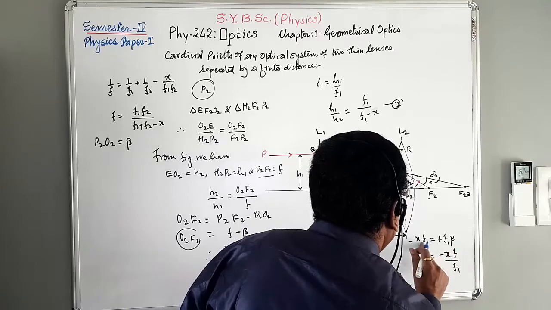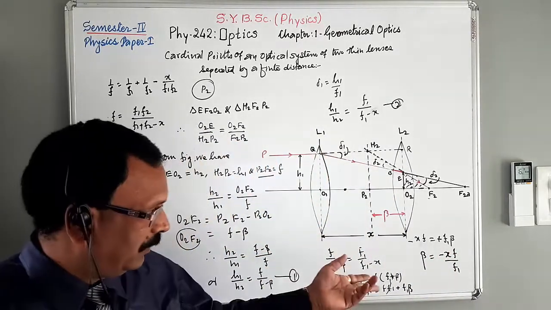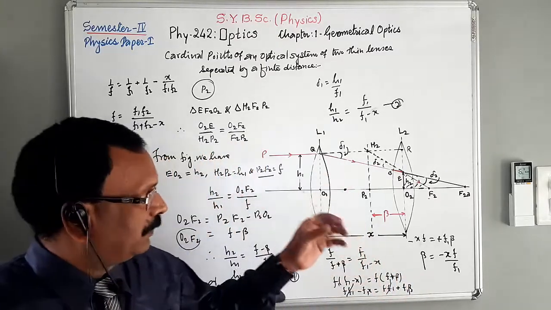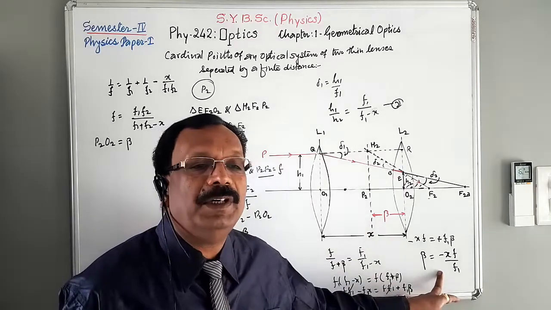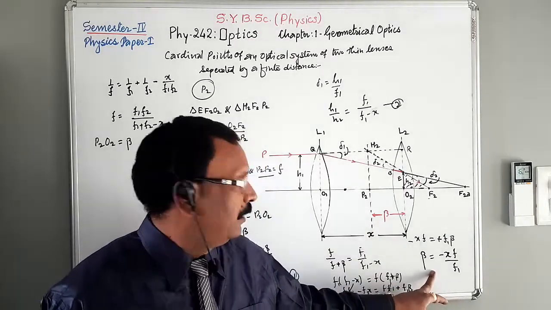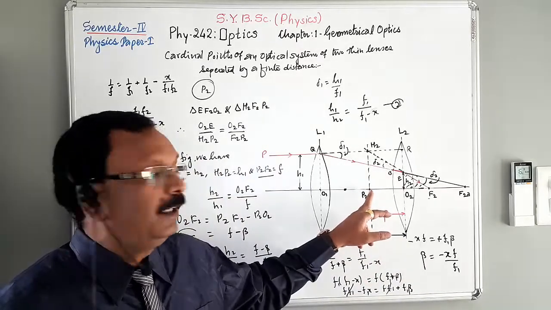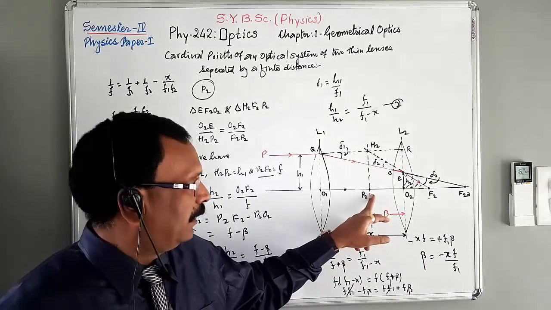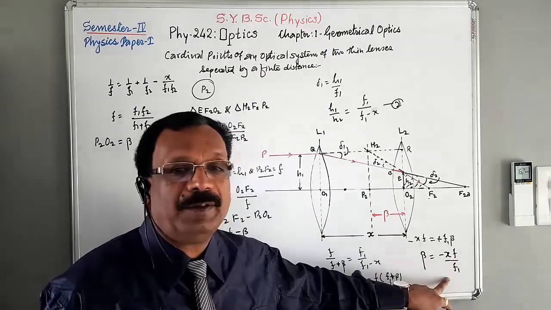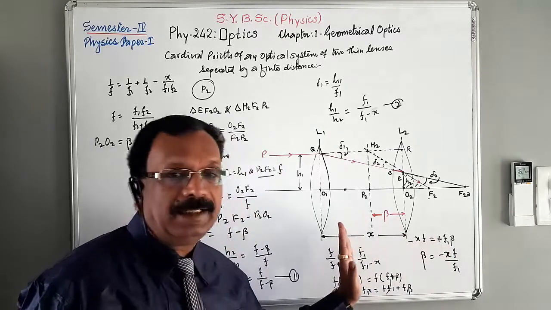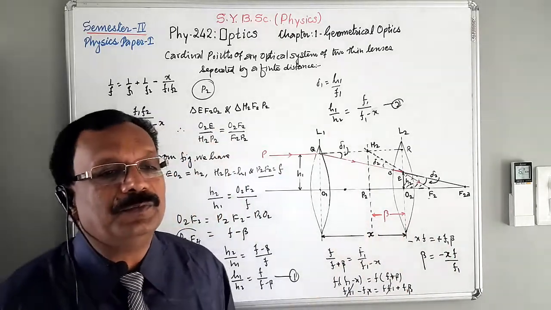There was a little confusion here due to the mistaken sign convention, so we corrected it and we get the value of beta. Thus, beta is the position of the second principal point, and this point is situated at a distance X F upon F1 behind the second lens, or to the left of the second lens L2.